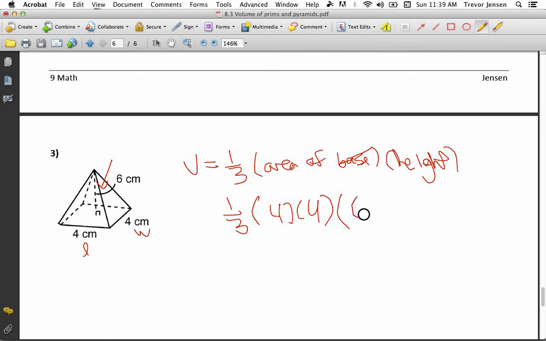It's 6. Okay? So I might as well just finish this one off with you now. So 4 times 4 is 16. 16 times 6 will give you 96. And you have to divide that by 3, and you get 32. So 32 centimeters cubed for that one.